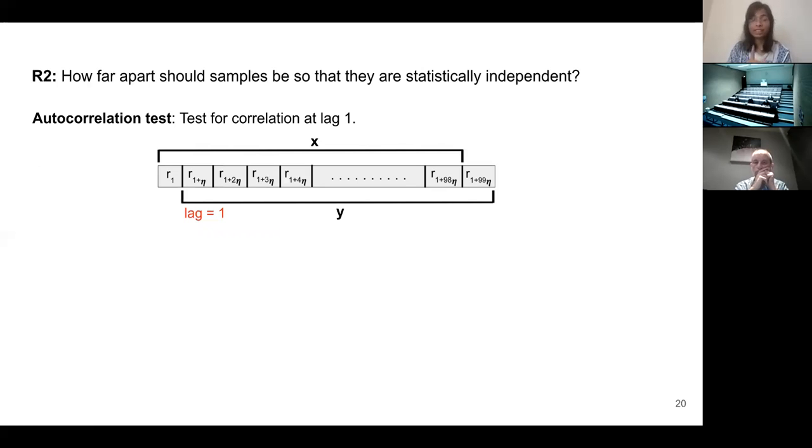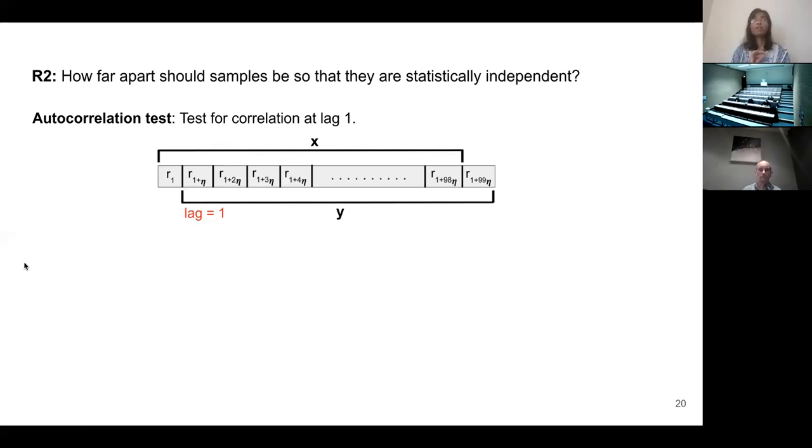On the other hand, if correlation between X and Y is not statistically significant, we can say that eta swaps was enough to make the consecutive degree assortativities independent of each other. And that gives us how spaced the samples should be so that things become independent.